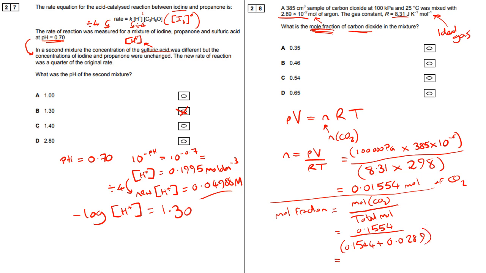Plug that into your calculator and you should get an answer of 0.3498. Hopefully that matches up with one of our answers above. Rounded to two significant figures, that's answer A.